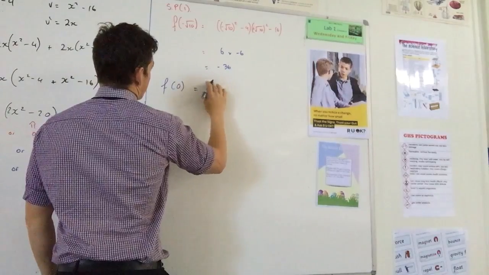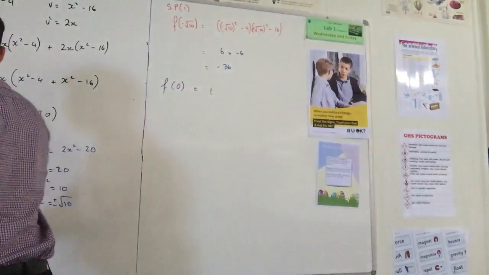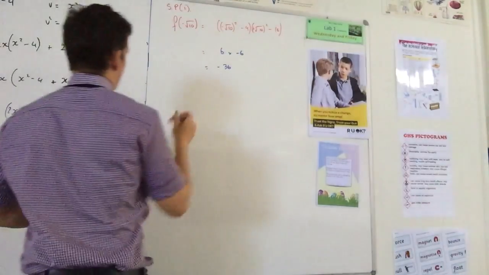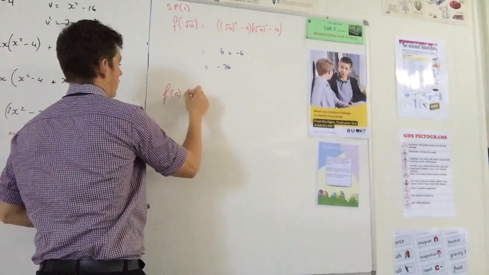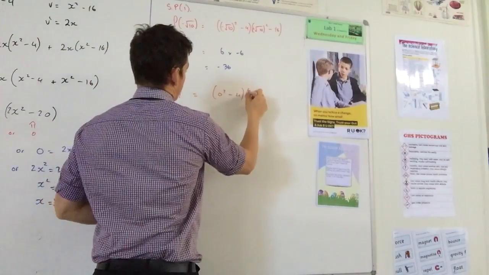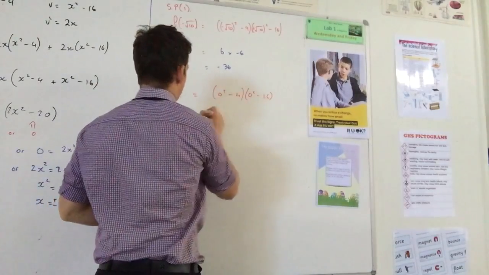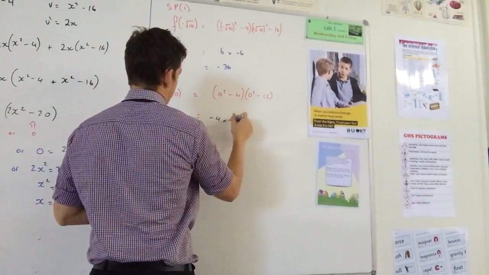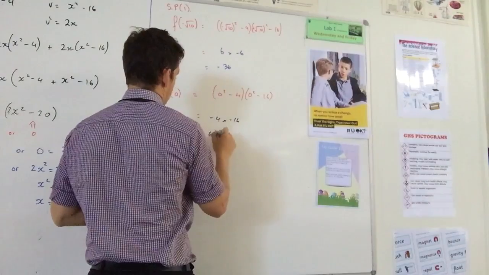I'll do that in red again, sorry. I want f of 0, which equals (0 squared minus 4)(0 squared minus 16), and I get negative 4 times negative 16, which gives me positive 64.